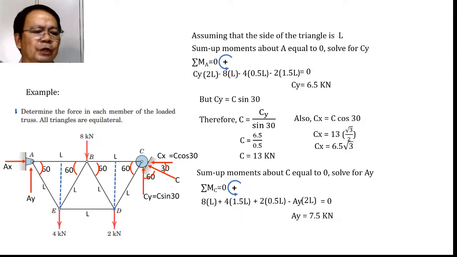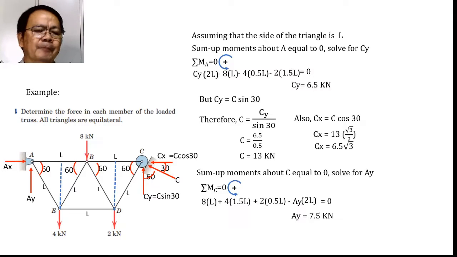Meron lang akong gustong itanong sa inyo. Yung process ba ng pagkuha ng reaction sa A at saka sa C, particularly on the computation of the vertical component, ay madali lang para sa inyo? Definitely madali lang yan, kasi simple lamang naman yung moment equation. Kaya lamang, kung normal na computation natin, maaaring it will take us about 3 to 5 minutes to compute for that.